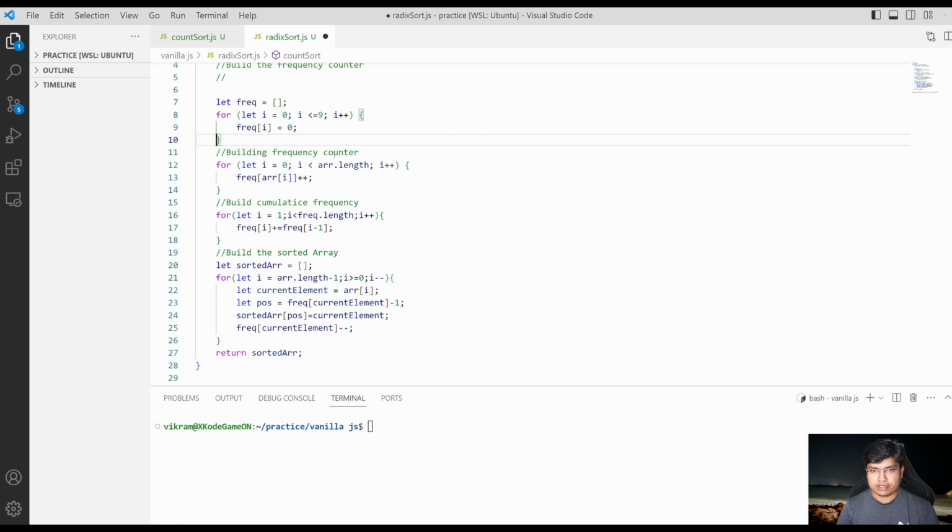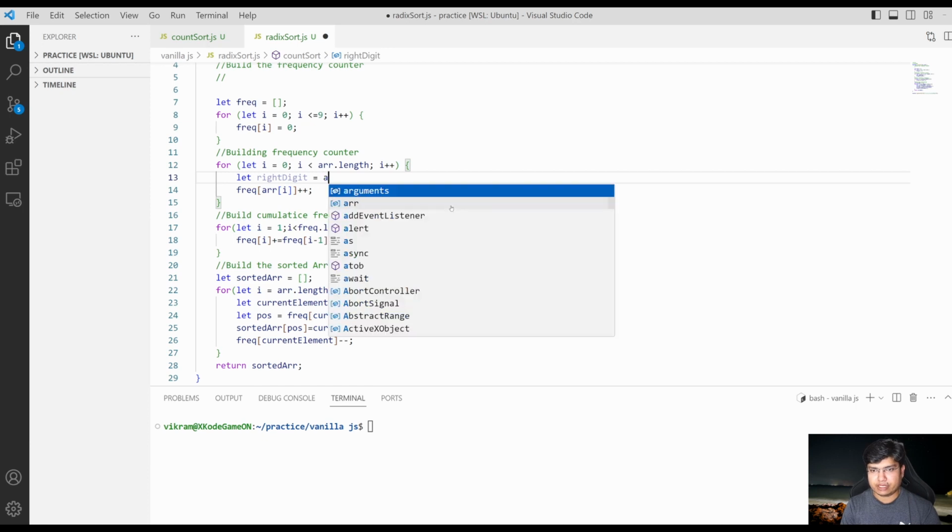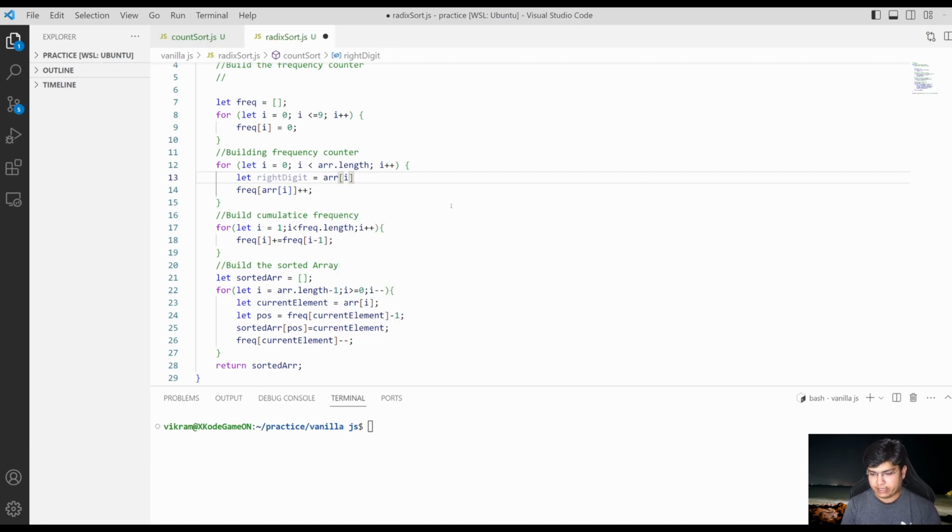Now to build the frequency counter, I don't have to directly use the number. Instead of that, we will take the RHS, the rightmost digit. So let's say if I have to extract the rightmost digit, then I have to take ARR of I and first divide by the corresponding value for which place value we are going to extract.